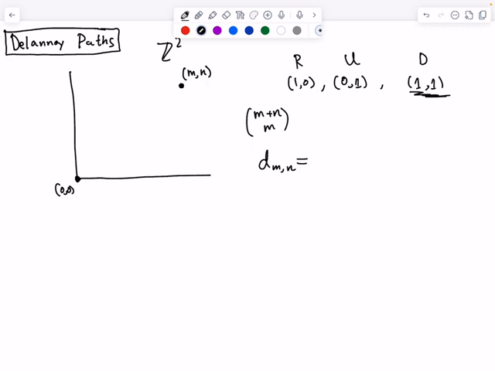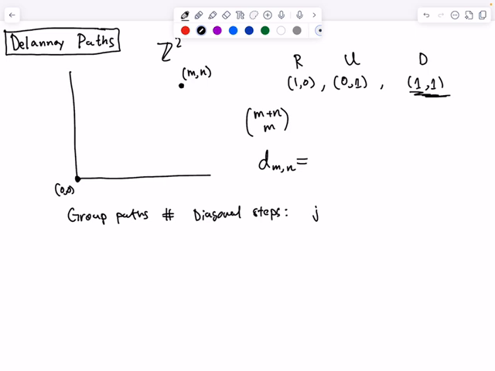To do this, we'll break up these paths into different cases, and we're going to group the paths by the number of diagonal steps in the path, and we'll call this j.